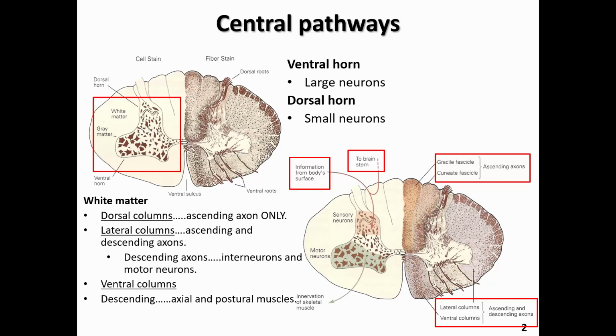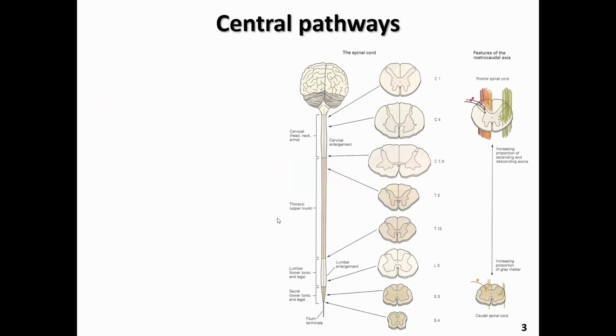The ventral columns contain descending axons that will terminate onto motor neurons that affect axial and postural muscles. In terms of the ascending neurons in the ventral columns, these are typically neurons that transmit information regarding pain and temperature.